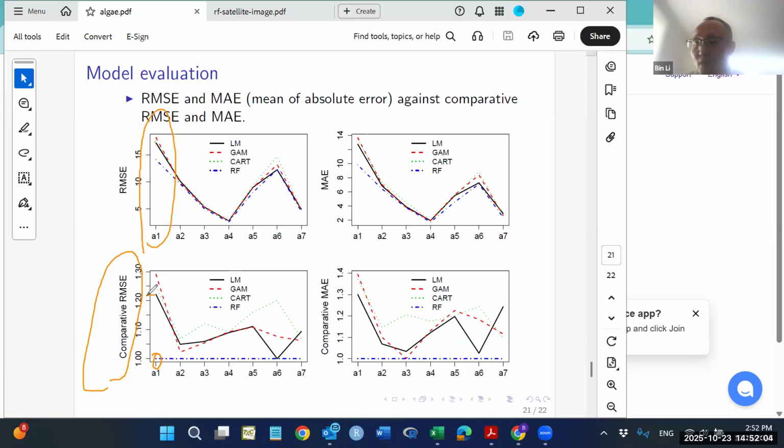Does that make sense? So this is more useful, right? And what's the worst one? The worst one is the GAM. GAM is actually 1.30. So that's 30% higher than the random forest. And the CART is somewhere between.